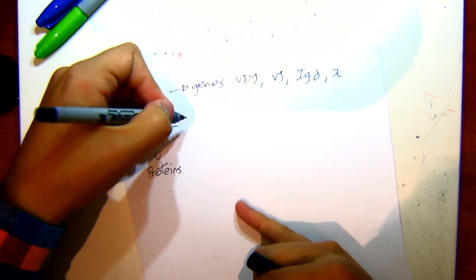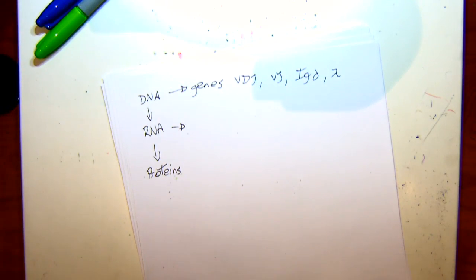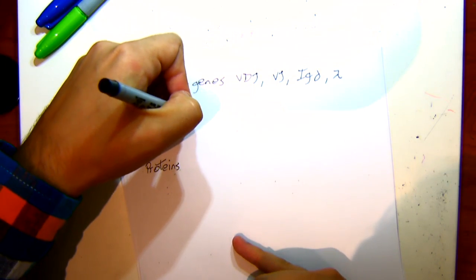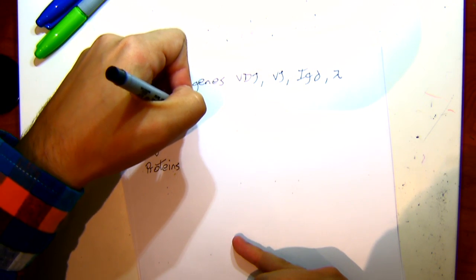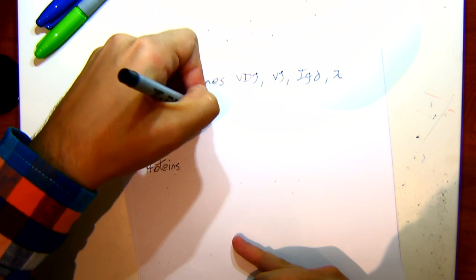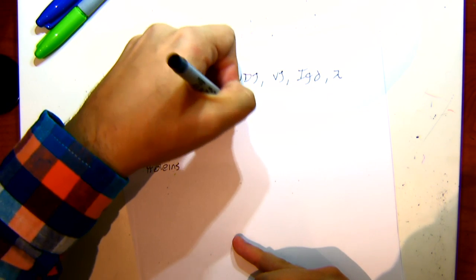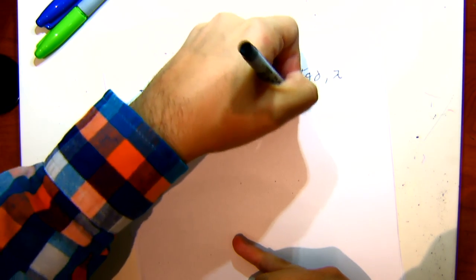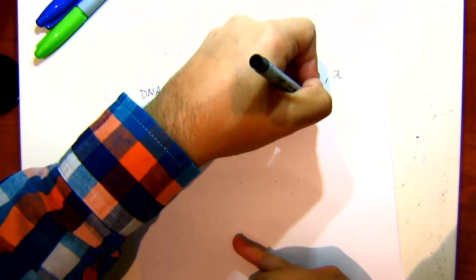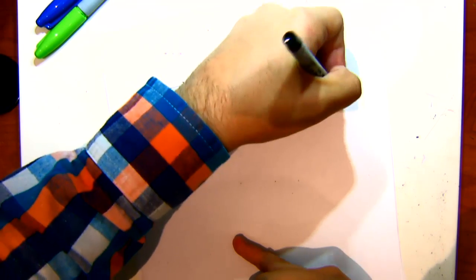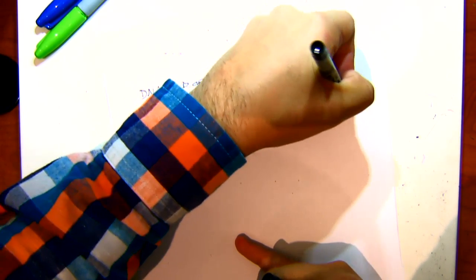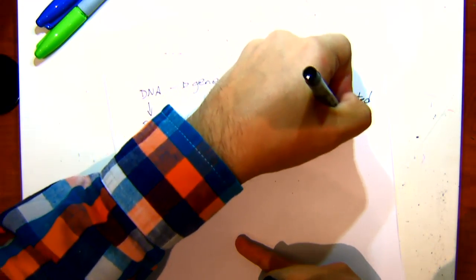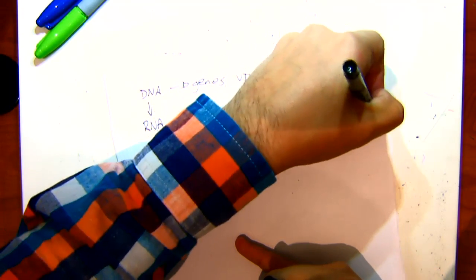But then in your RNA, when you're producing your antibody, you're going to be able to choose between IgM and IgD, and choose if it's secreted or membrane bound.